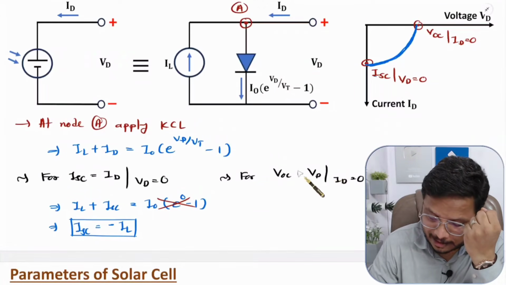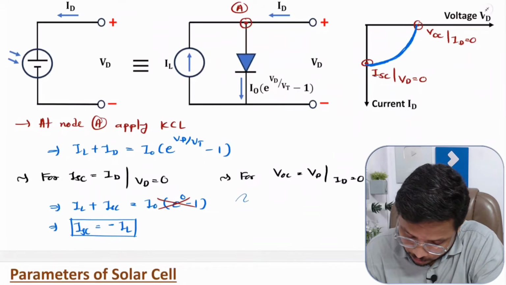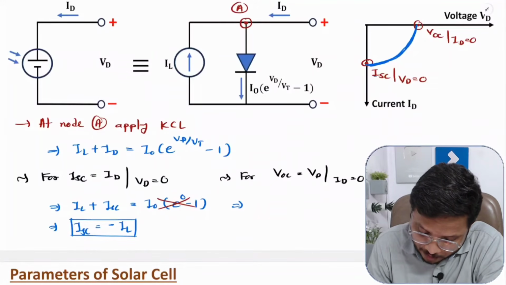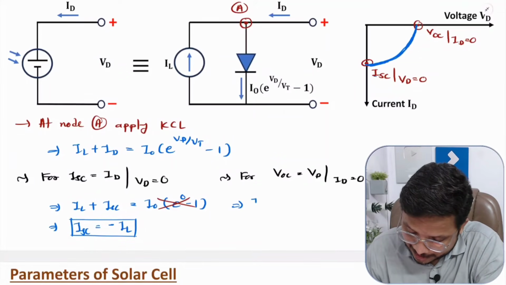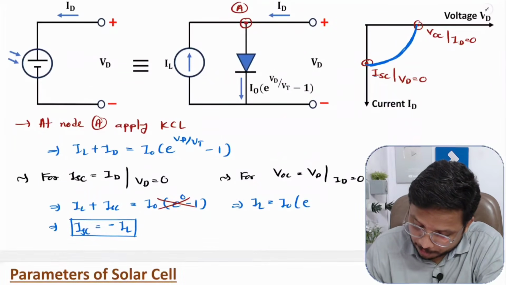So just apply this in the equation. IL is there with us, and ID is 0, so I am keeping this 0, that is equal to I naught into e to the power VD, so VD is VOC divided by VT, minus 1.